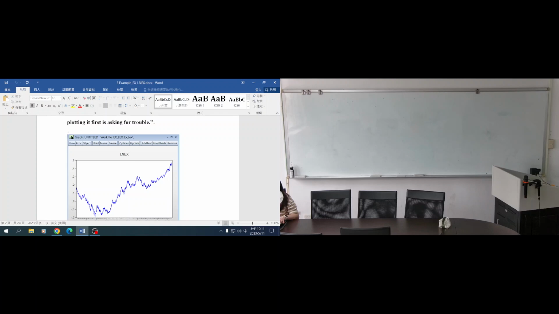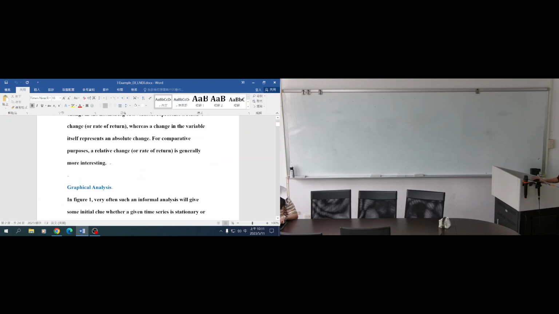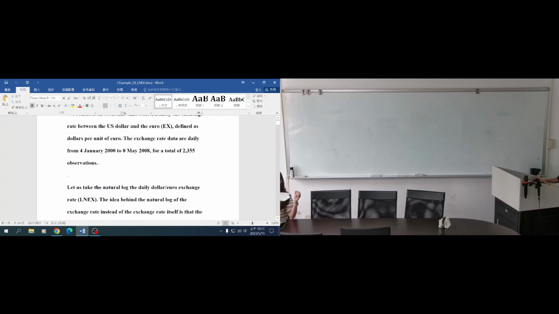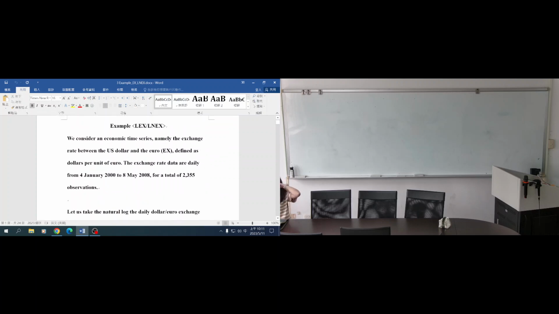All right, this is the data, an example about the exchange rate between the US dollars and the euros, okay? Since this is time series data, it's daily, from January the 4th, 2000 to May 8th, 2008.